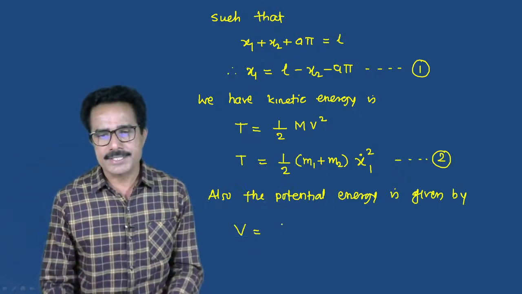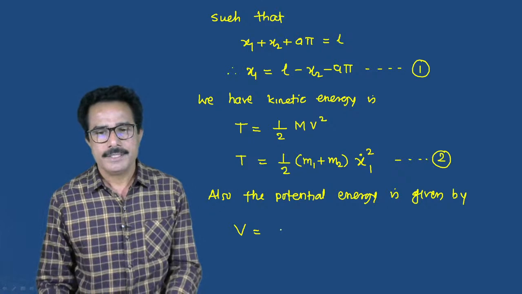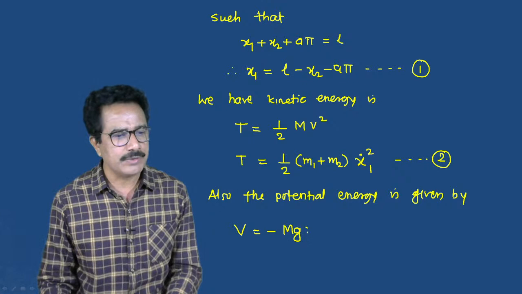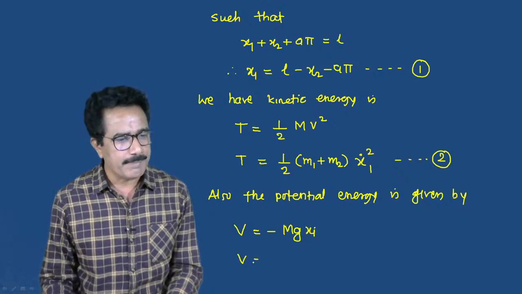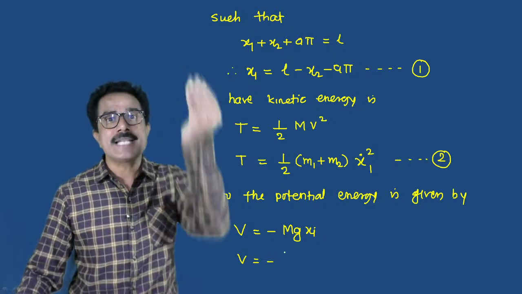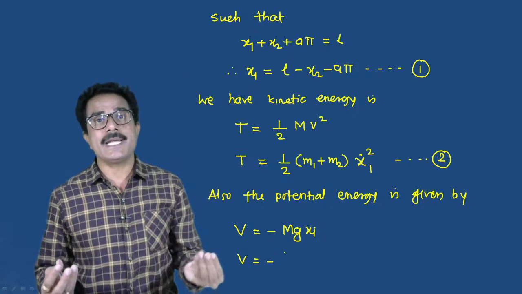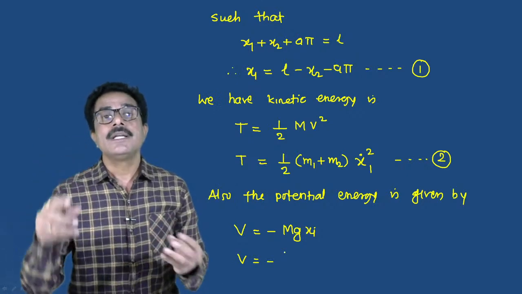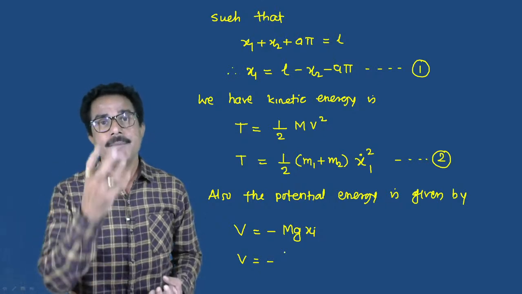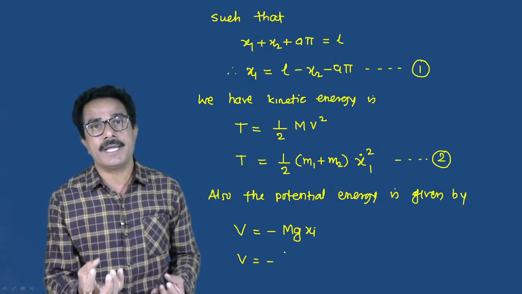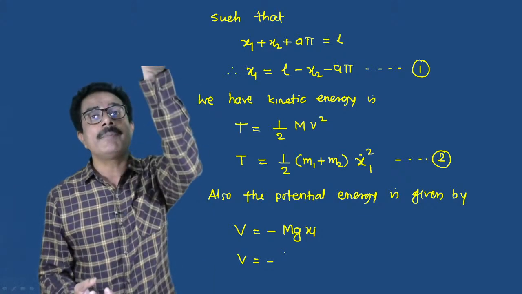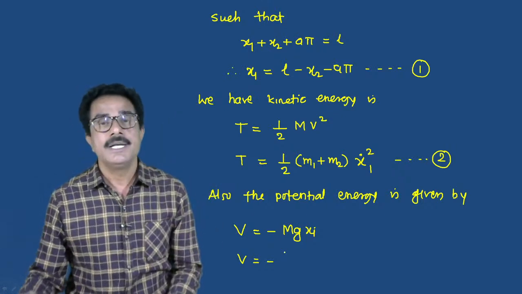So we can write minus capital M g into x1. Minus means the masses lift in the upward direction, which is opposite to the gravitational force, because the gravitational force of attraction is in the downward direction and the lift is going in the upward direction.